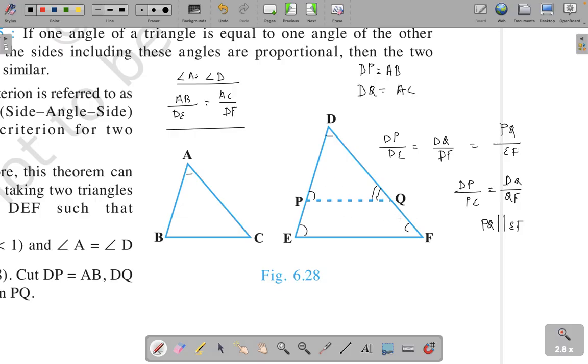So now we just need to prove that these two triangles are the same, right? So you know AB and DP are equal, AC and DQ are equal, and angle A is equal to angle D, right? So from SAS criteria, you can say that these two triangles are congruent.